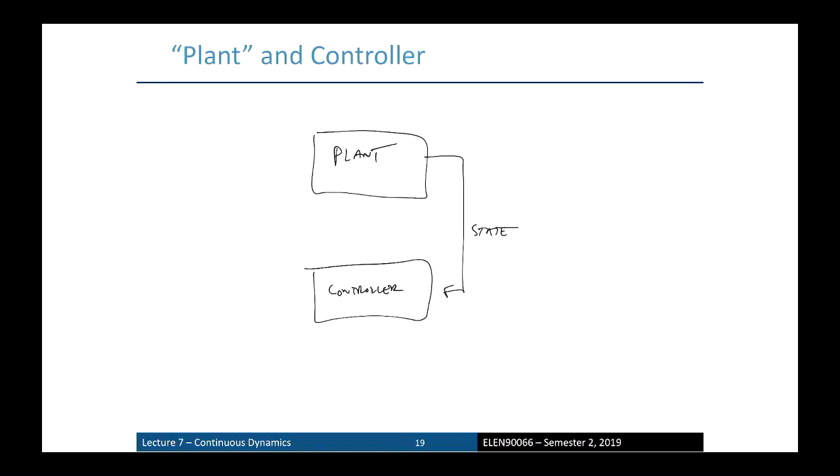It's a very old-fashioned term, plant. It's like from the 1950s or 1960s when you're modelling old-fashioned electromechanical machinery. And the controller basically gives a control input. It tries to control the plant based on what it sees, what's observable of the state of the plant. Okay? Now, the actor models of these things we're going to see very shortly, but it's a very similar concept.